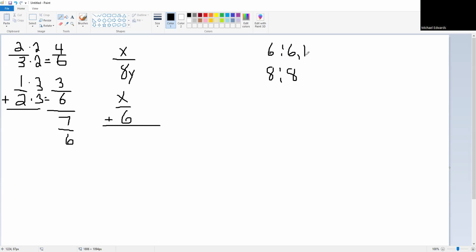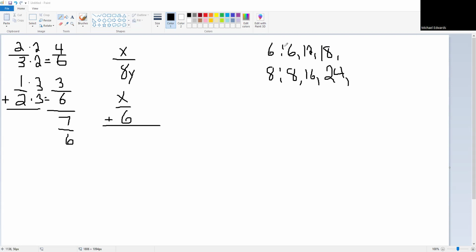So 6 times 2 is 12. 8 times 2 is 16. And now the next step would be 6 times 3, because that's the next one in line. It's 18. And then the next one in line would be 8 times 3. That's 24. What we're doing is going until we find a number that matches.